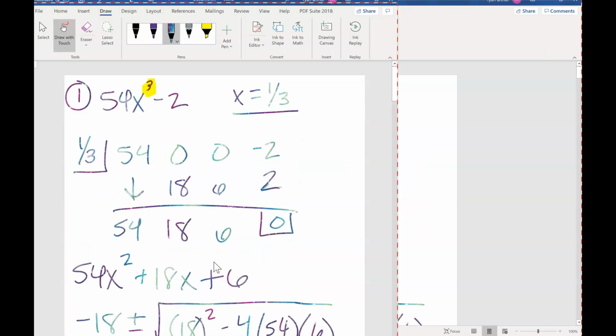Okay, so negative 18 needs no simplification, so we just drop it down. So we have negative 18 plus or minus. I do not touch the radical yet because, again, if it's a negative, your calculator is going to tell you it's an unreal solution. So I just type what is underneath the radical. So I'm going to say 18 squared minus 4 times 54 times 6.